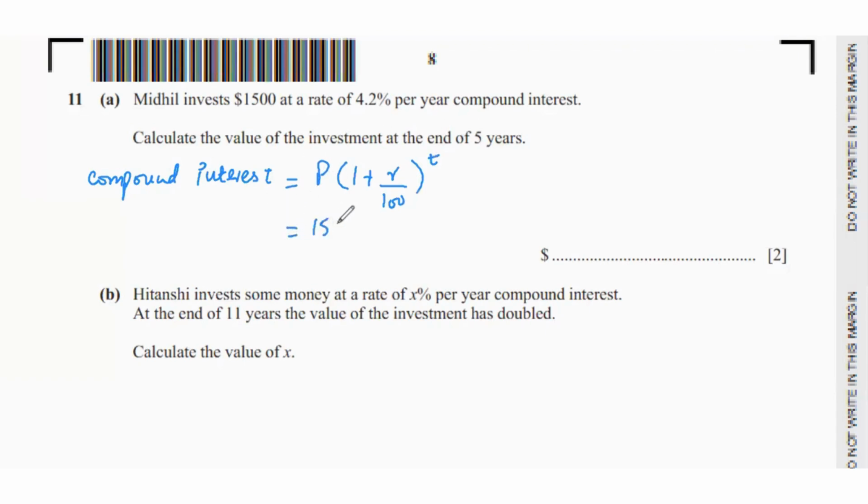Principal amount is 1,500. Rate of interest is 4.2, so 4.2 over 100 to the power of 5. And that is going to give us 1,842.59. So you can round that to 1 decimal place: $1,842.6.